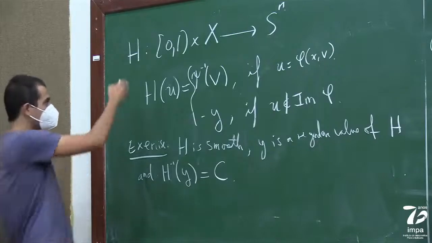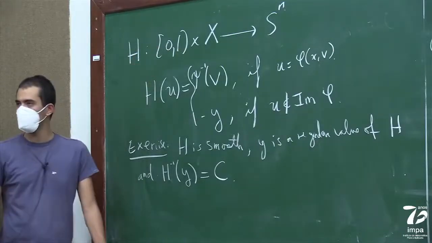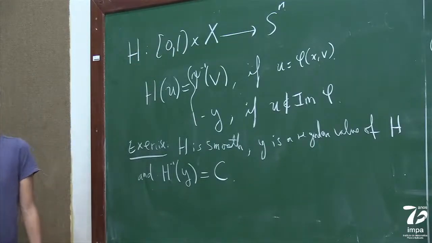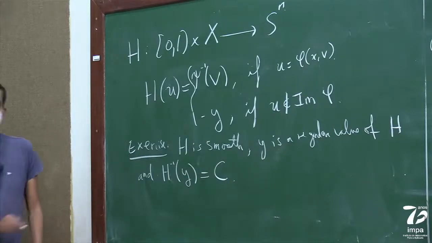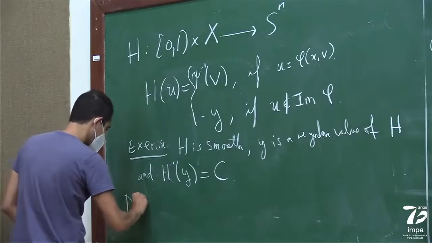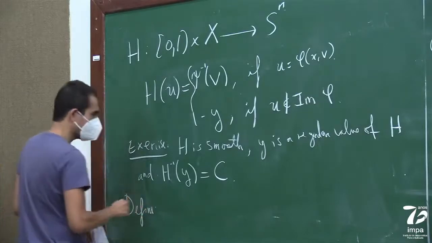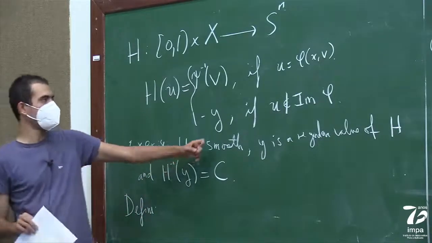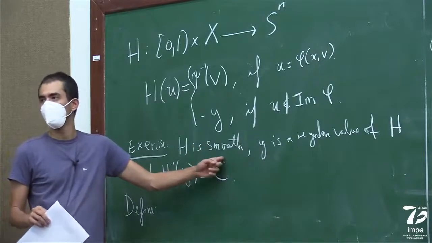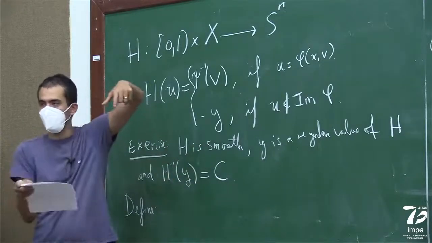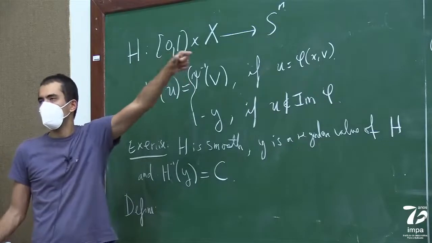Now, if you restrict H to the boundary, then you have two functions from X to Sn. And those are the two functions that I'm going to call F tilde and G tilde. So these are not very hard. Maybe the smoothness is the most subtle one, to see that on this actual boundary, when you reach minus y, you have a smooth function.